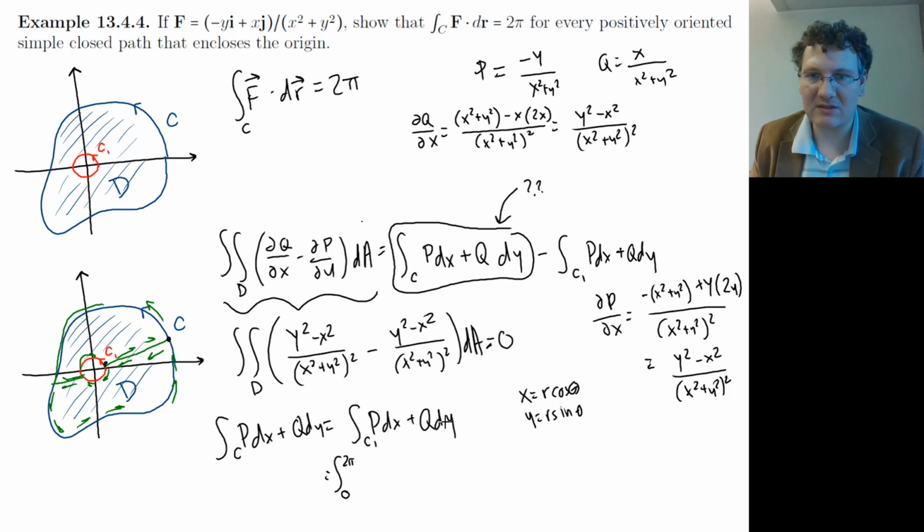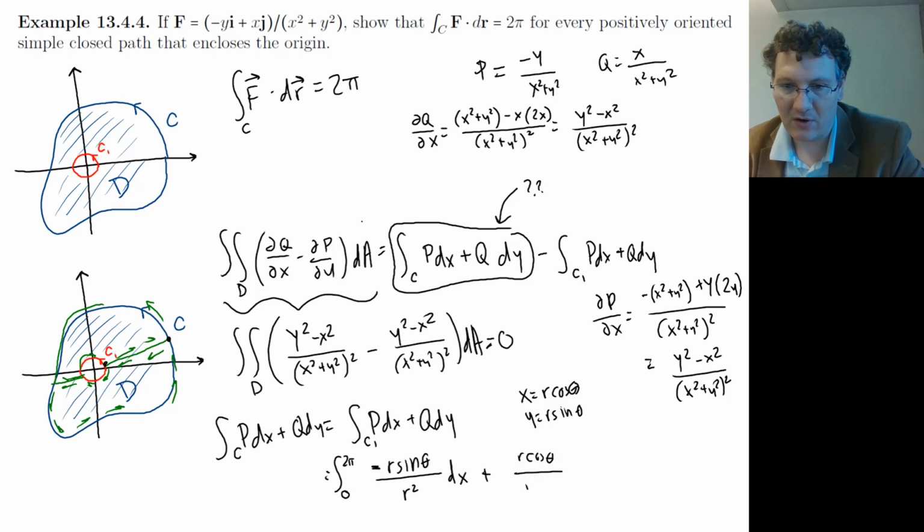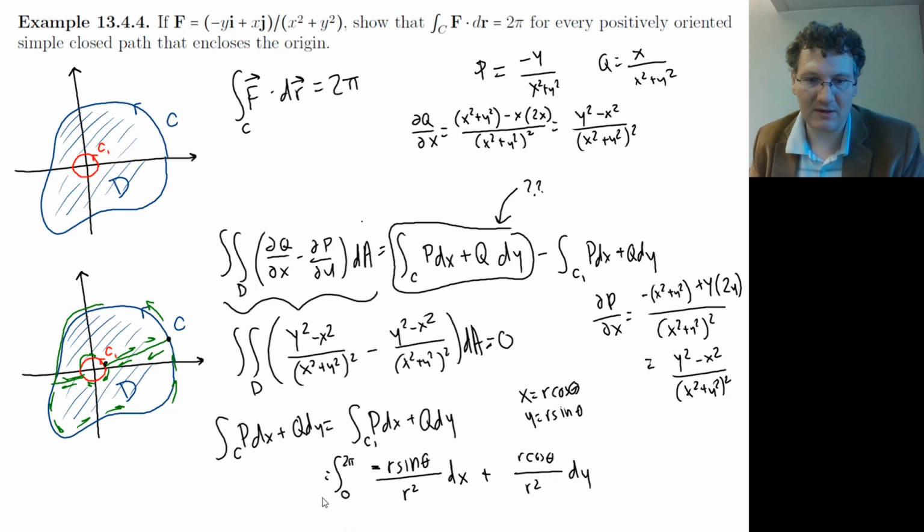P is going to become negative r sine theta over x squared plus y squared, which is r squared, dx, plus q, which is r cosine theta over r squared dy. Let's go to the next page.